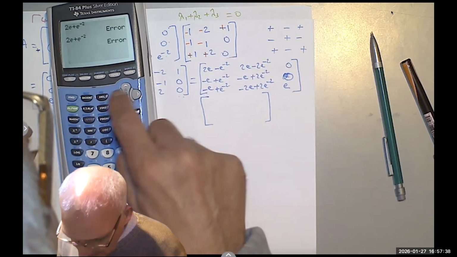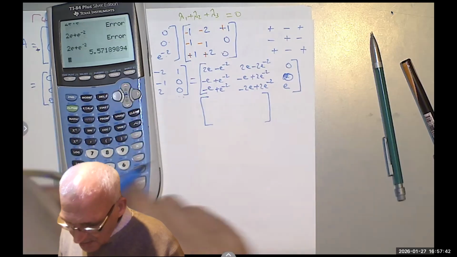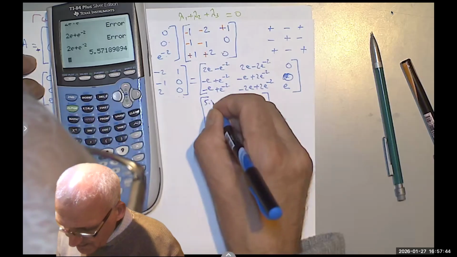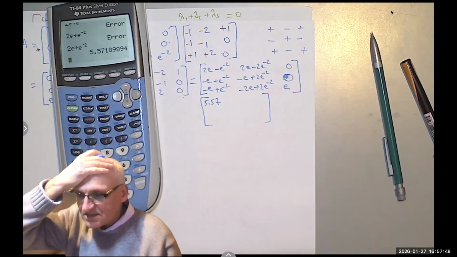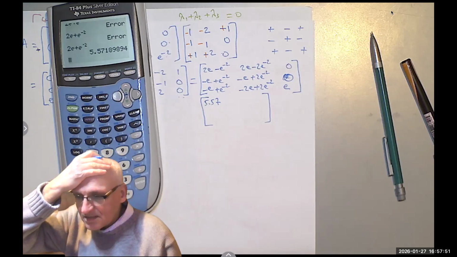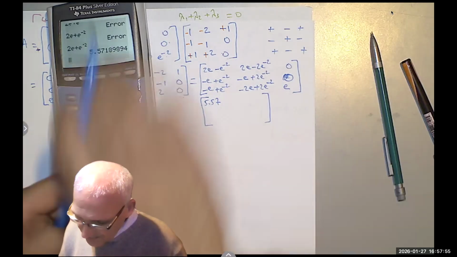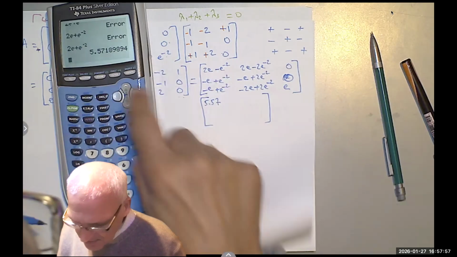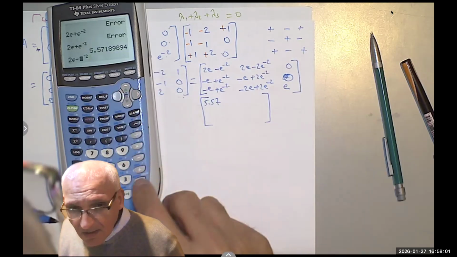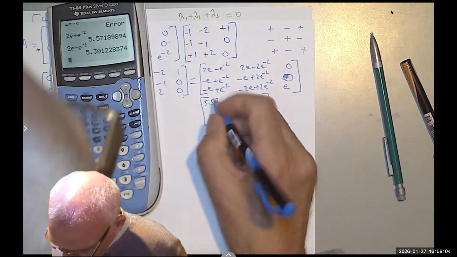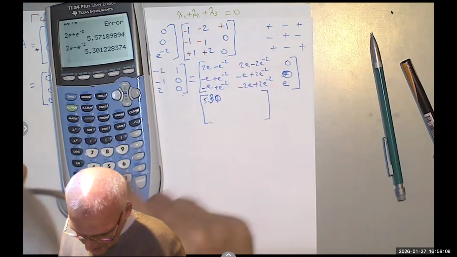Oh, negative 2. I said negative 2 and I wrote minus 2 for some reason. 5.57. Okay, so I think with two decimal places, oh, it's minus, right? Why did I say plus? This is minus. So it's 5.3.